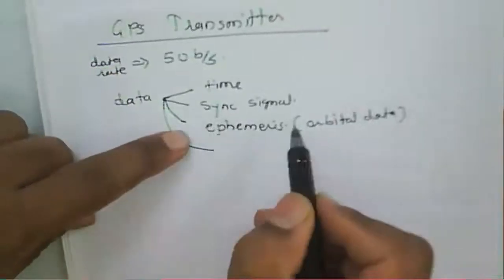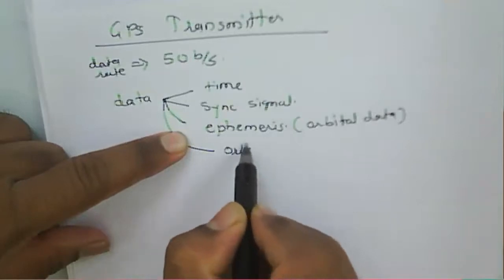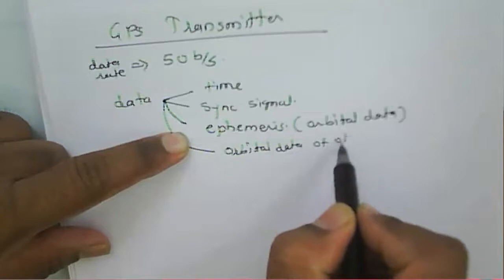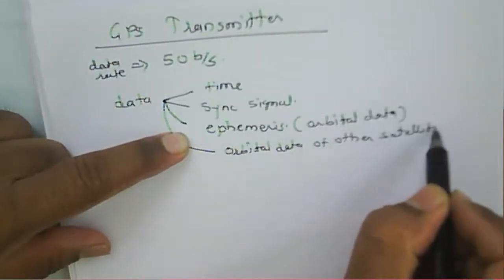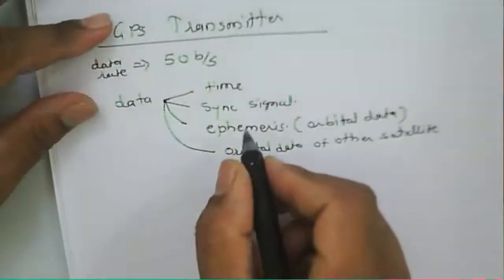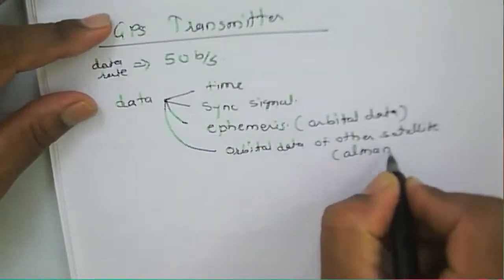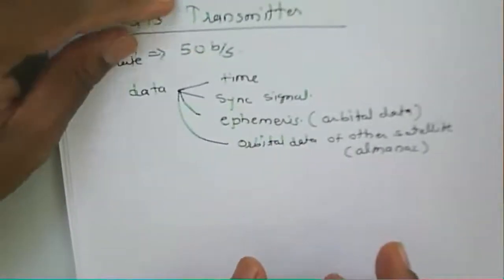That is what we call the almanac. That's about a signal or information about the other satellites.